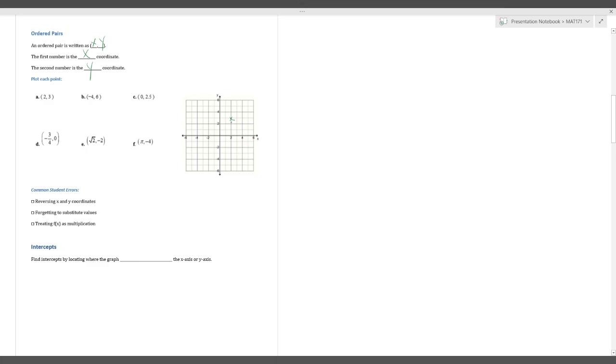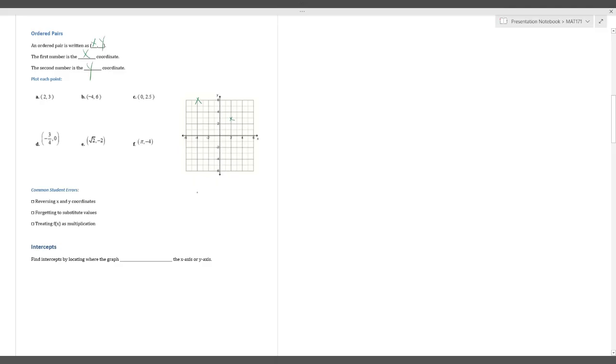The point (-4, +6), we're going to go -4 in the x direction and +6 in the y. I have to put x's here because if I put dots, it tries to erase or something like that. And we can plot each one of these.